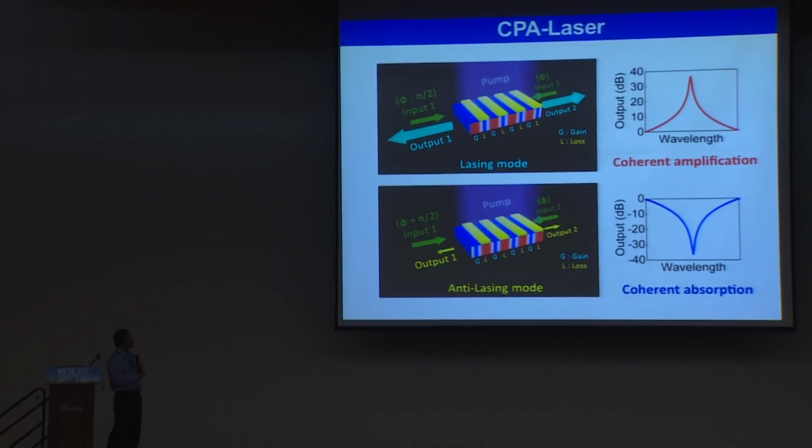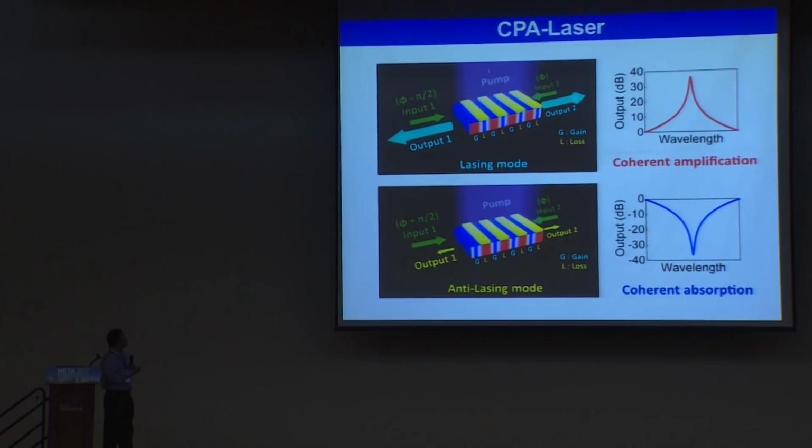So in this structure, there are two incoming beams from both sides as input. Now, if these two beams have a 2 pi phase difference, okay, they form a standing wave, essentially. Of course, there's a pump from the top. This is a probe beam, by the way.